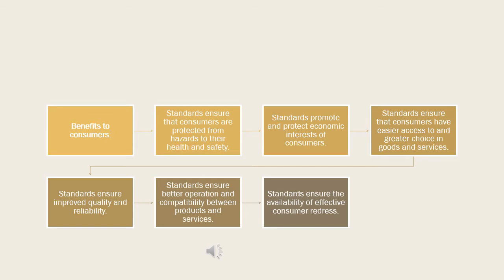Second, standards promote and protect the economic interests of consumers. So in this case, products should be made in a way that respects the interests of consumers in terms of their economic status. Take an example of the consumption of power by given gadgets. Take mobile phones.